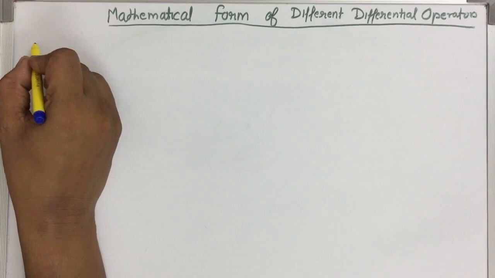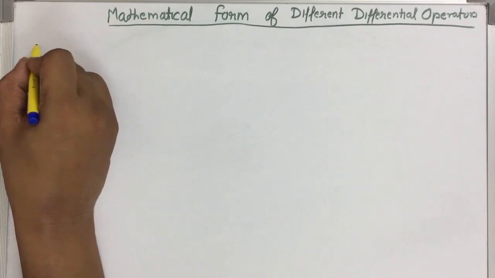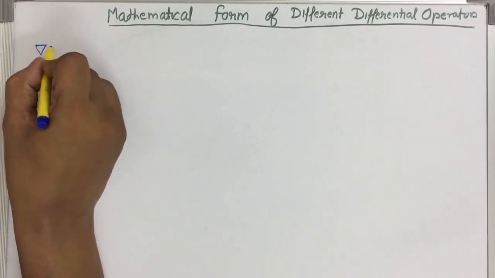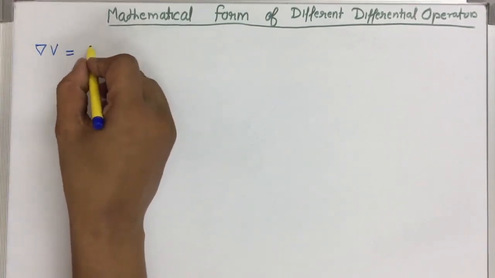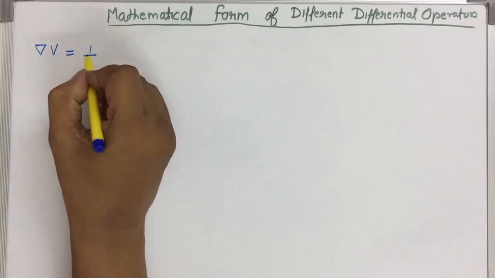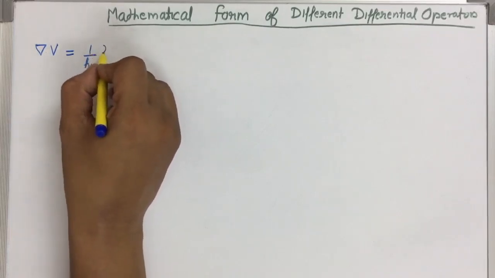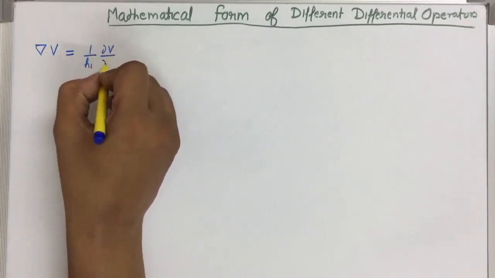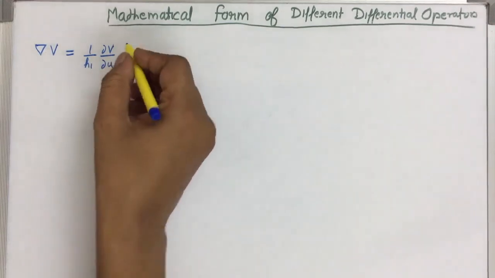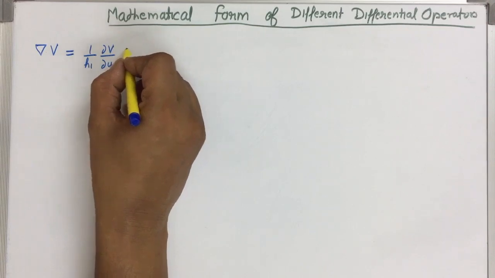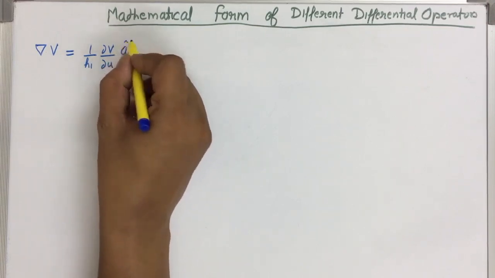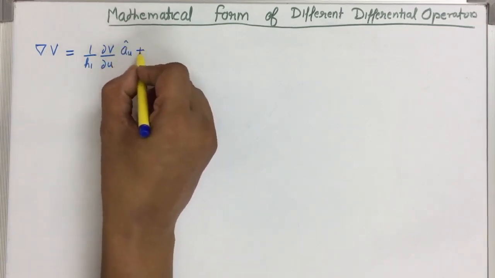That is, gradient of V can be written, in generalized form, as 1 by h1 dv over du in the direction of a_u. It will give a vector quantity.